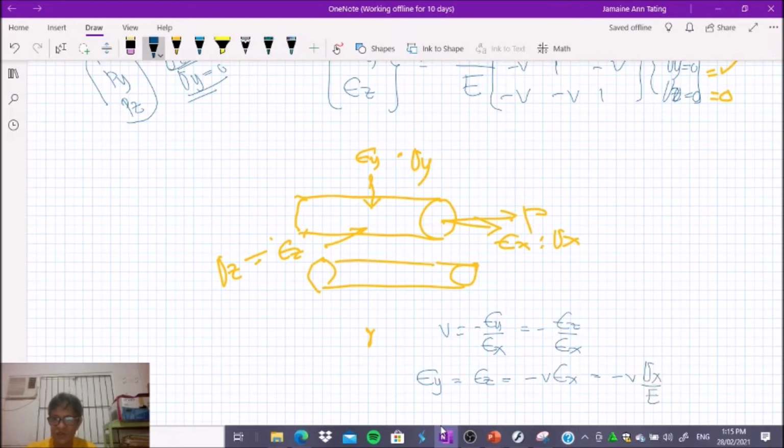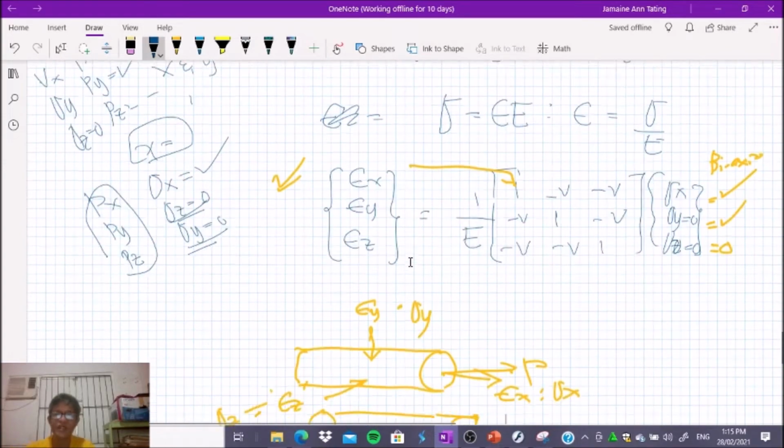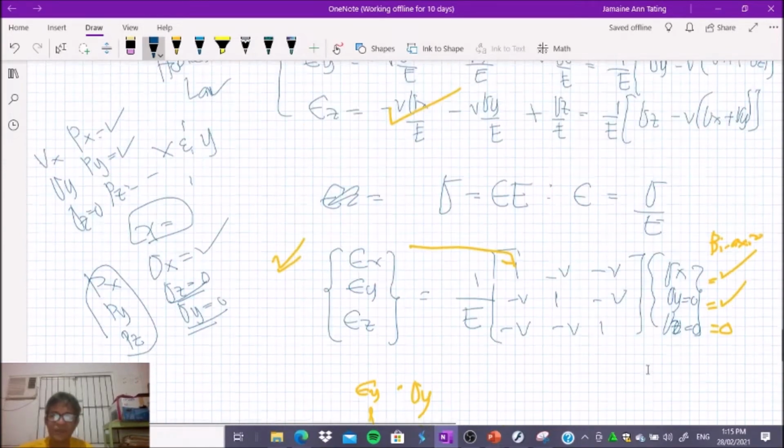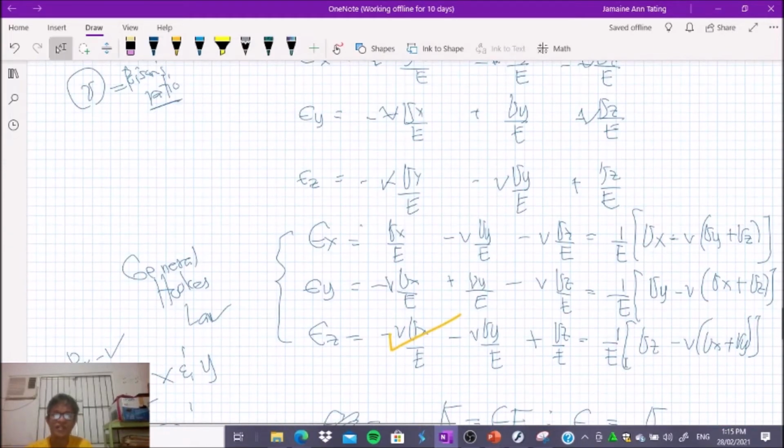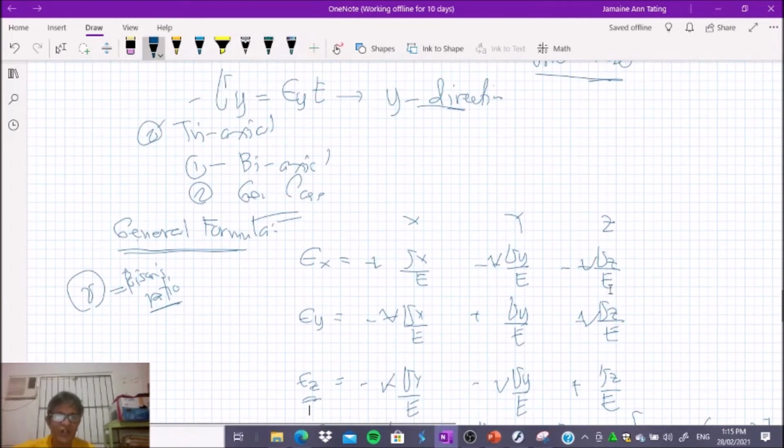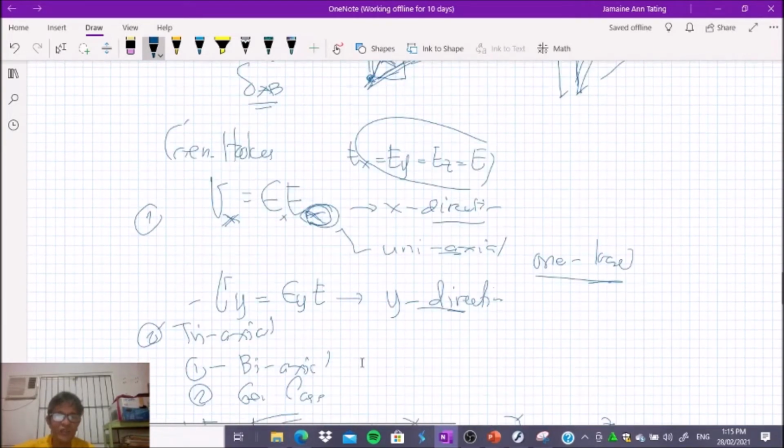Kaya nagkaroon tayo ng equation kanina sa derivation dito sa bandang taas, no? Sa bandang taas nakikita itong mga expressions na ito. Ayan ay may mga value ng V. Kasi kapag in the direction of the load, wala tayong V, yung simple Hooke's law equation na ito, walang V dito.